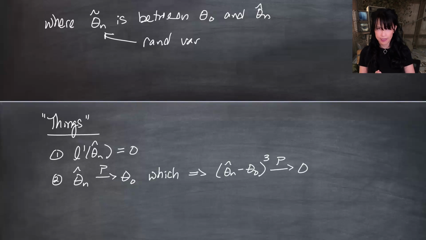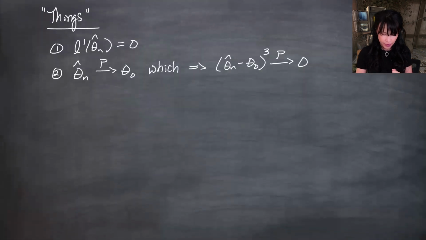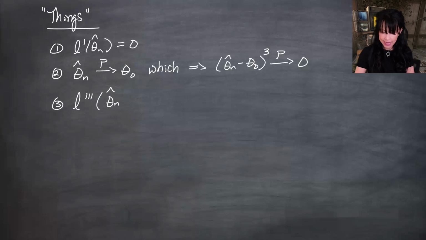That's the consistency property of the MLEs. And the third thing I'm going to use here is that the third derivative of the log likelihood evaluated at the MLE is bounded in probability.